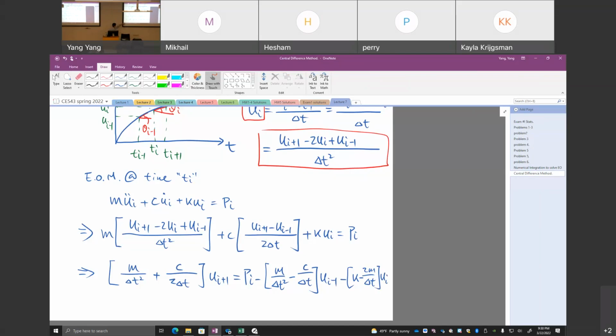That's easy, right? We just reorganize the equation so that we can have a different form.